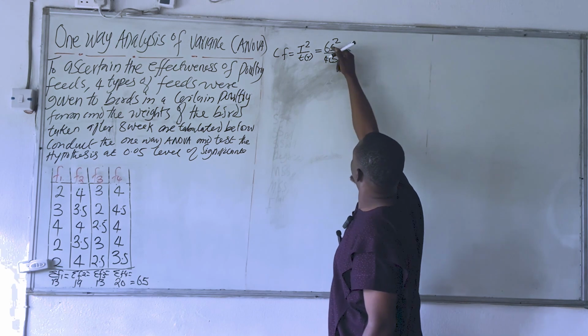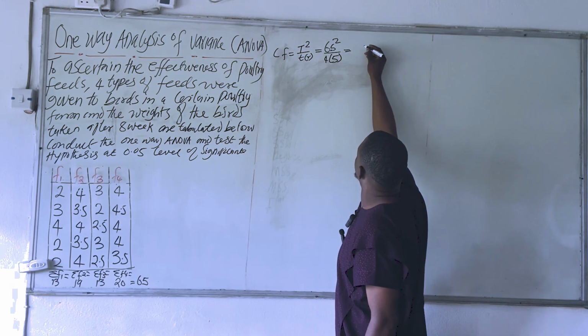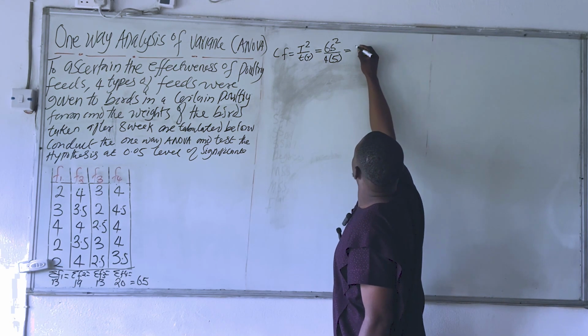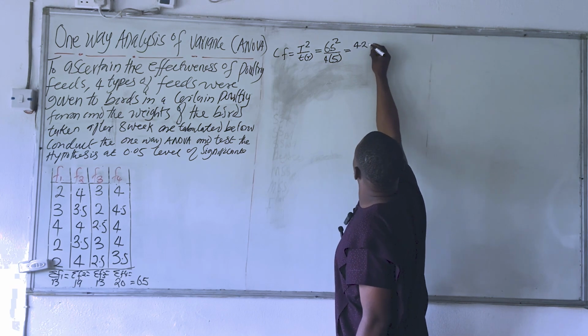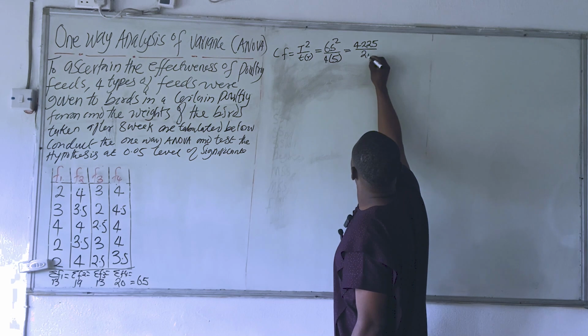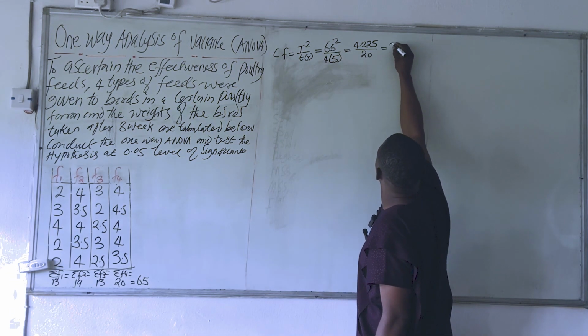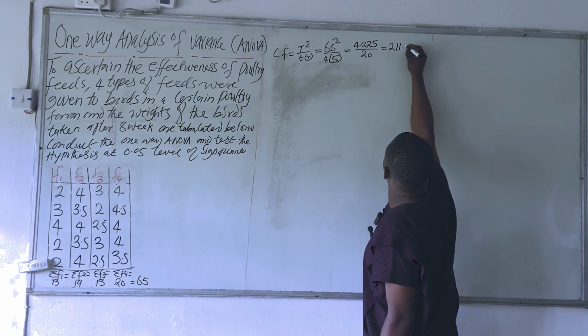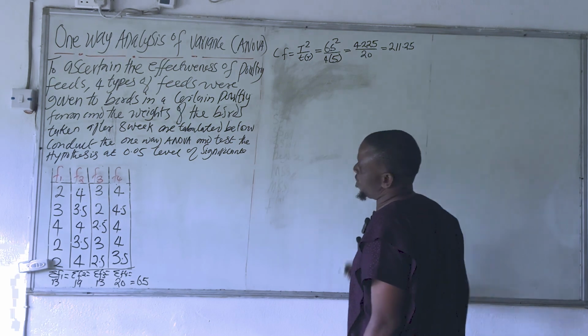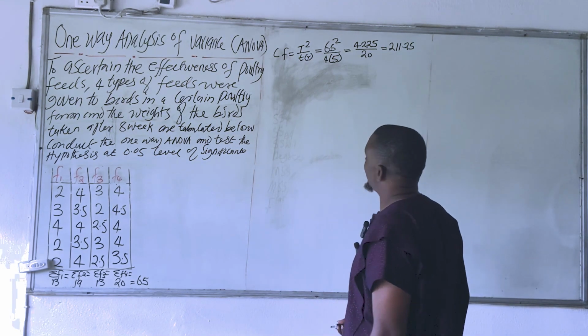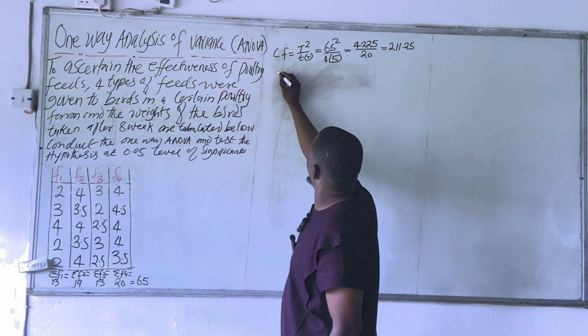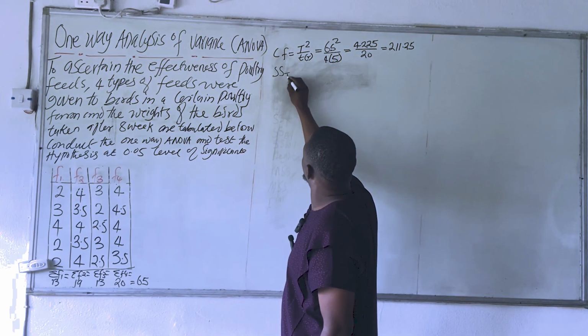So what's the square of 65? 4225, all over 4 times 5 is 20. So if we divide 4225 by 20, it will be equal to 211.25. Okay, thank you.